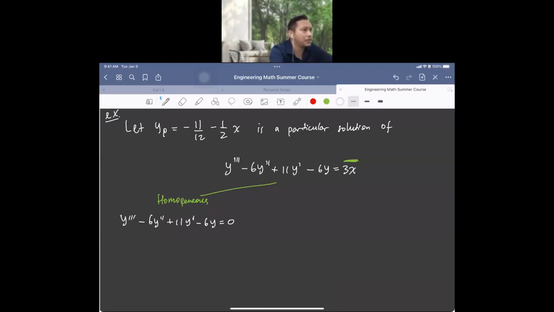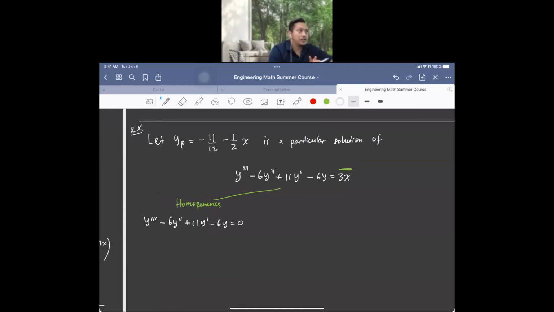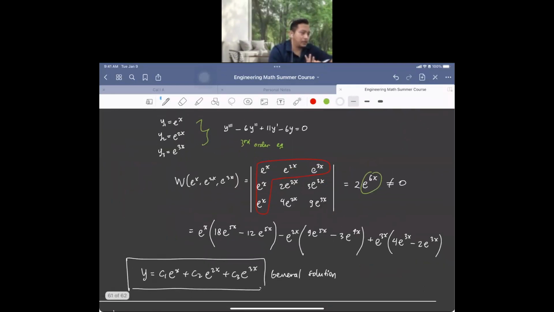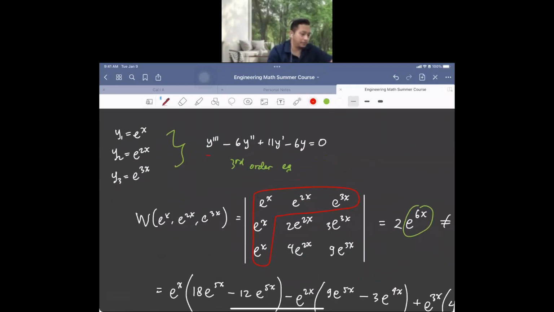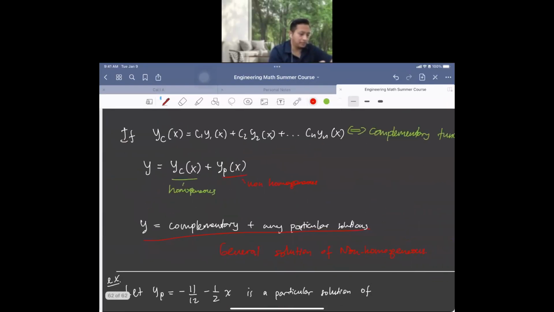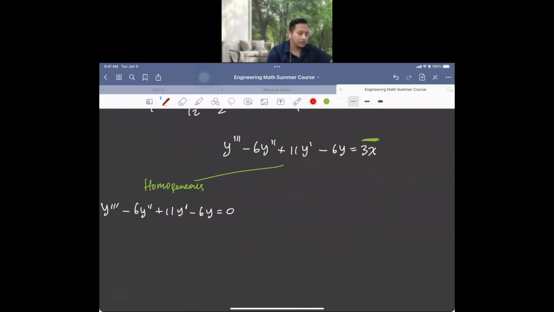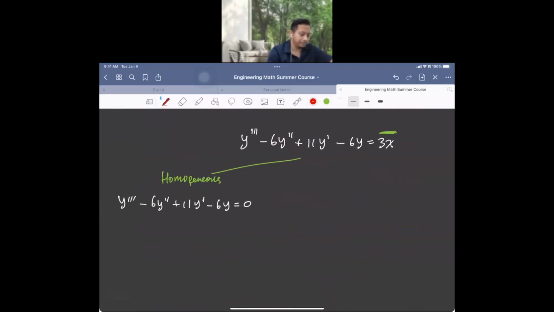Have we done this before? Let me check. Yes, this is from the previous example, the same equation.